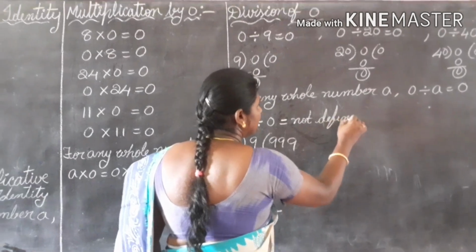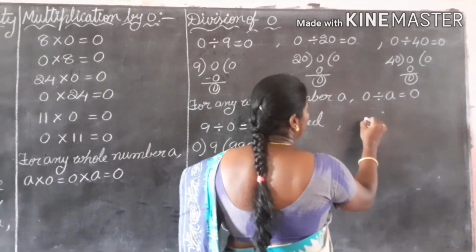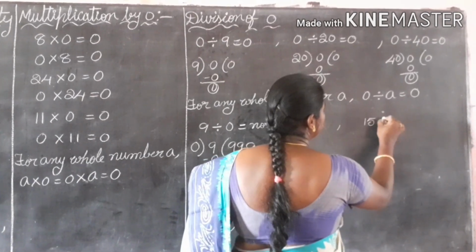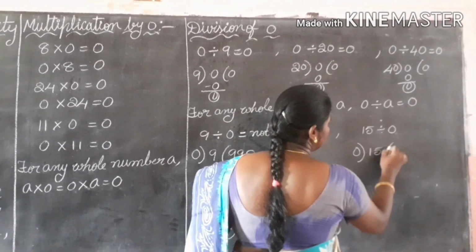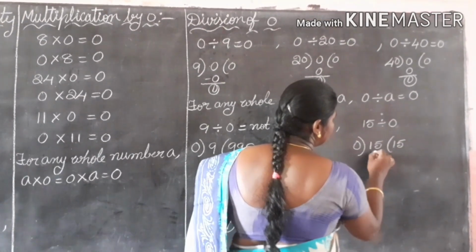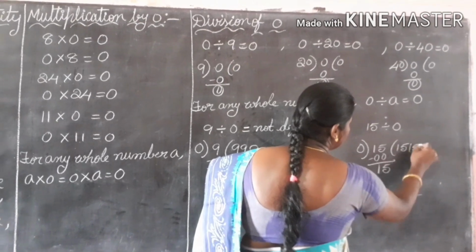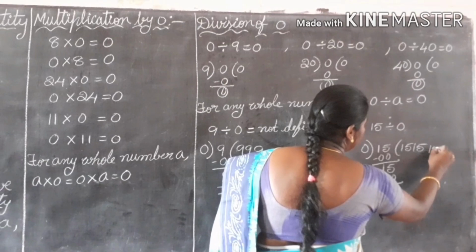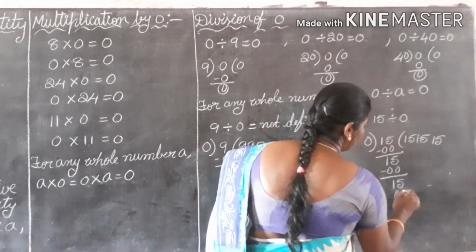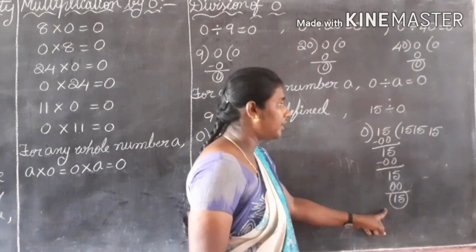It is not defined. Say 15 divided by 0. 0 fifteens, 0. Again, 0 fifteens, 0. Continuously we are getting the same number.